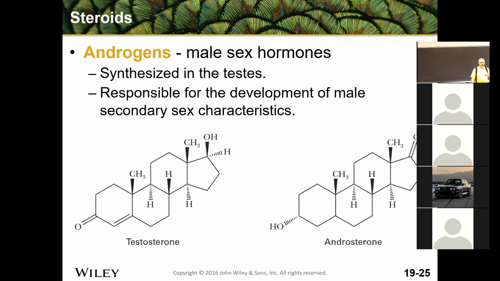Cholesterol serves a number of purposes. It is used as a starting material to make other steroids. It is, as we saw just a few slides ago, found in cell membranes to give the right rigidity.